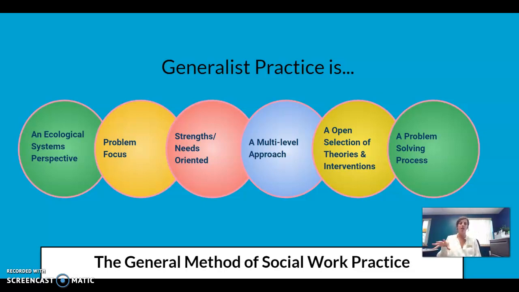Some of the key pieces of generalist practice is that you're looking at it from an ecological systems perspective. If you remember this, I don't know if it gets taught. When I had intro class, we talked about peeing in the pond. That sounds super weird. But if you have an ecosystem and someone comes in and decides to use it as their restroom, it's going to throw off the pH balance.